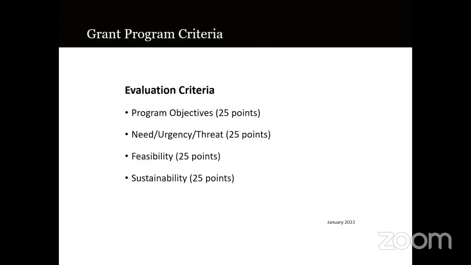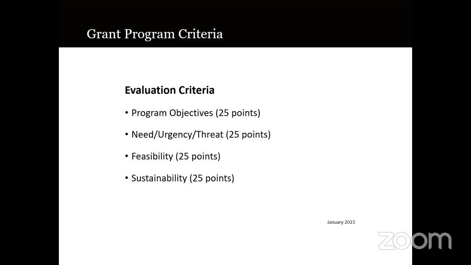This is the evaluation criteria for each of those sections. A number of people will be reviewing this. It'll go through an intake process, and that's where, if you've left attachments off or haven't completed forms, that will be noted.